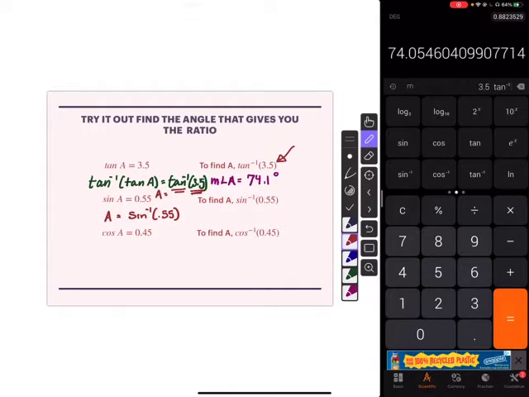So grab your calculator at that point, put in your 0.55, and hit the inverse sine to undo it, and it tells us the measure of angle A in this case must be about 33.4 degrees. And lastly, we've got the cosine of A, so we're going to inverse cosine both sides.